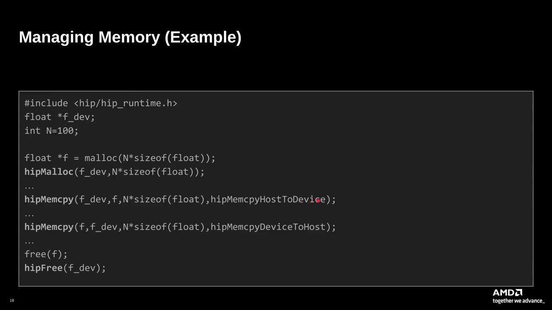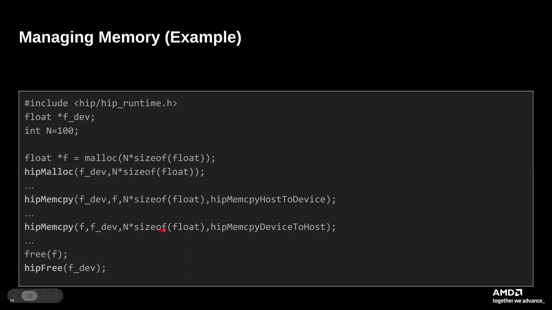Because we're copying from host to device, the enumerator we would use is hipMemcpyHostToDevice. Now suppose you've done some operations on the GPU and now fdev has been updated, and you want to get that data back to the CPU for maybe another kernel to run on the CPU, or you want to write to file. You would call hipMemcpy again. In this case, since we want to go from device to host, we would put the destination pointer as the CPU pointer, the source as the device pointer.